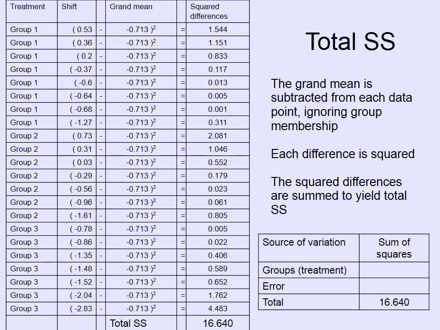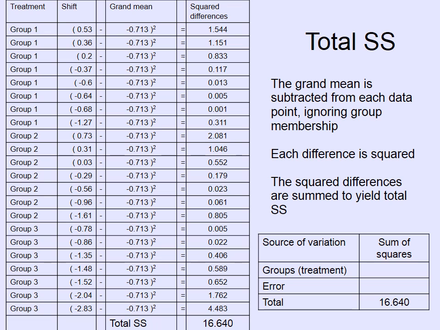Here is some sample data, and we'll play with this more in class. We create a grand mean. You can see that in the third column there. We take every data point in every group, subtract the grand mean, and then square it.